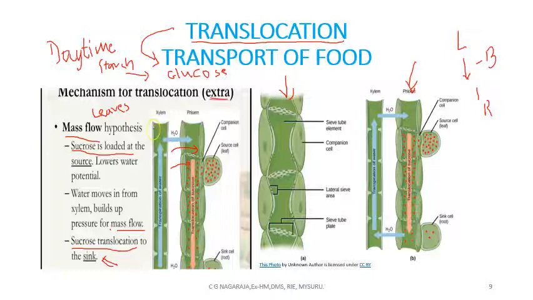As the night passes, starch is converted into sucrose, and that sucrose dissolves in water, and water brings the dissolved food into the phloem cells, and the phloem cells will take the dissolved molecules to all the parts in downward and also lateral ways. That distribution of food by the phloem is called translocation of food.